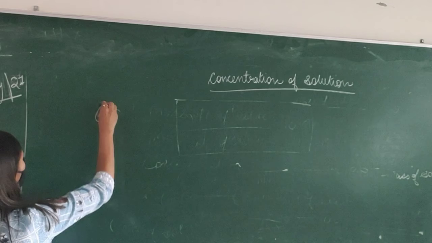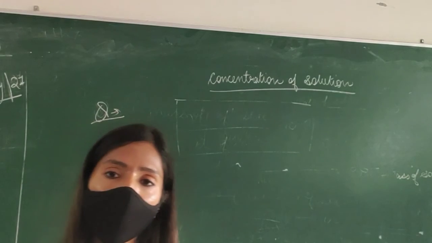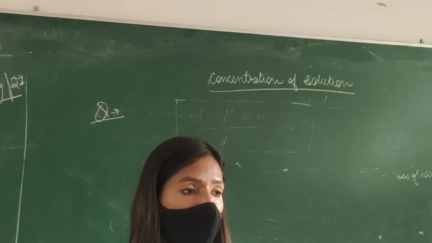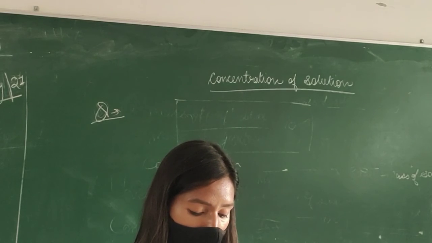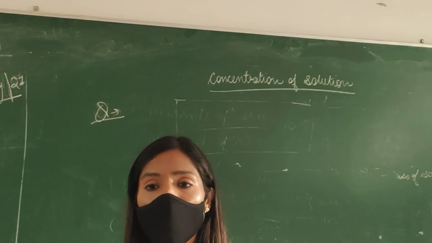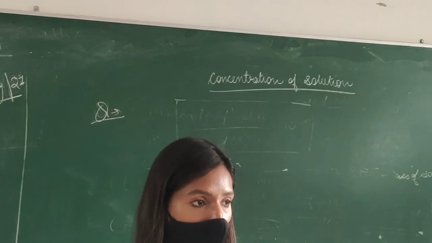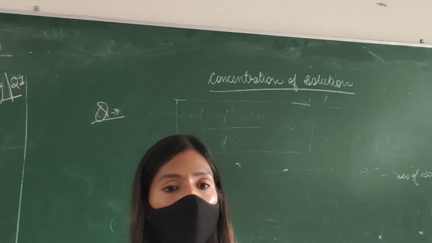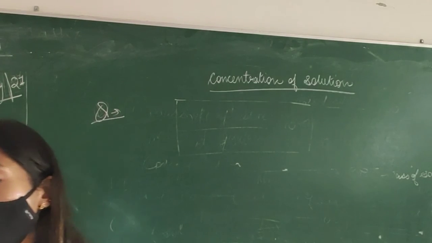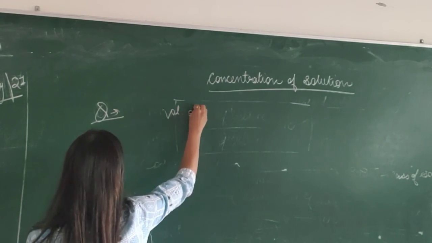The question says, you have to read the language very properly. A solution contains 50 ml of alcohol mixed with 150 ml of water. That means, although they are saying solution, it is not mixed. They have given two different values, 50 ml of alcohol, that is solute, and then they have mentioned the solvent also. So the volume of solute is 50 ml and the volume of solvent is 150 ml. है ना?